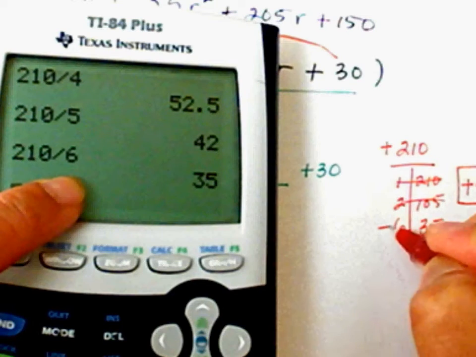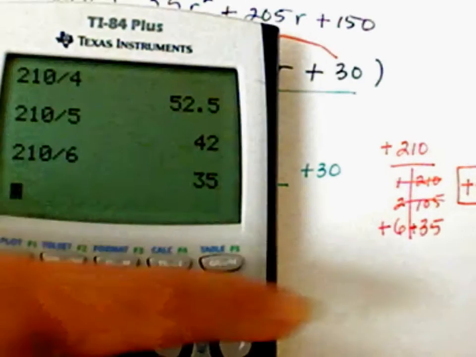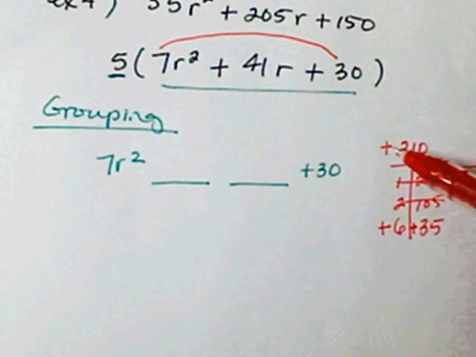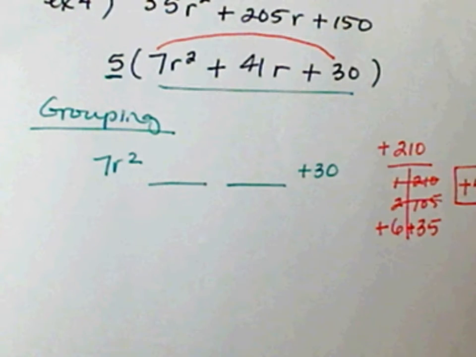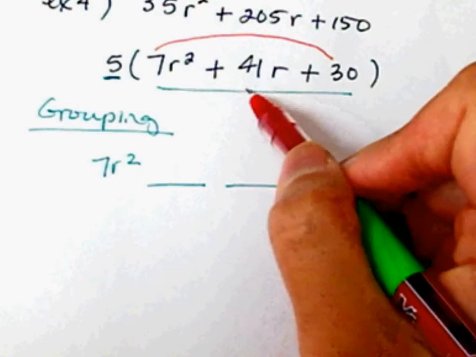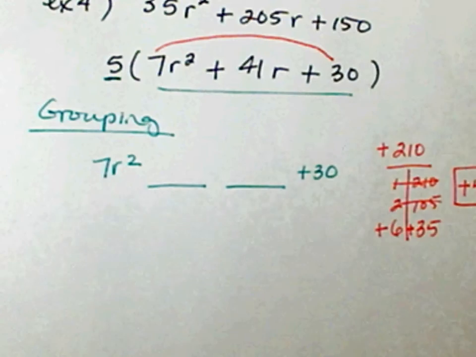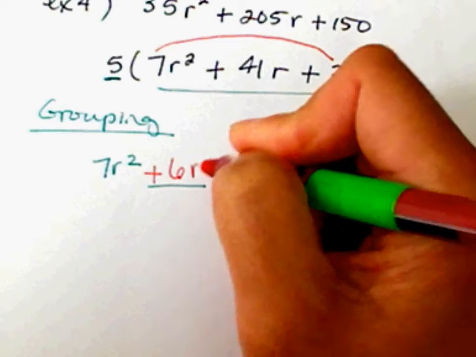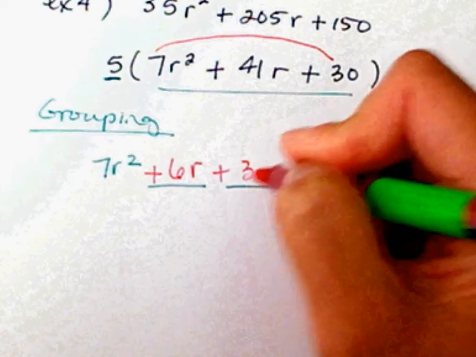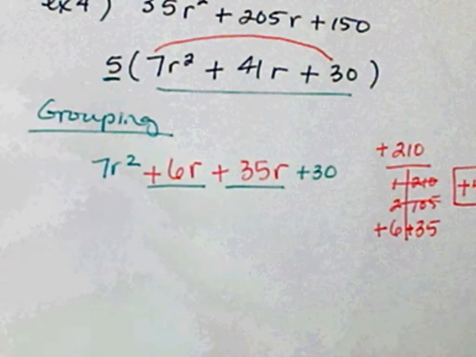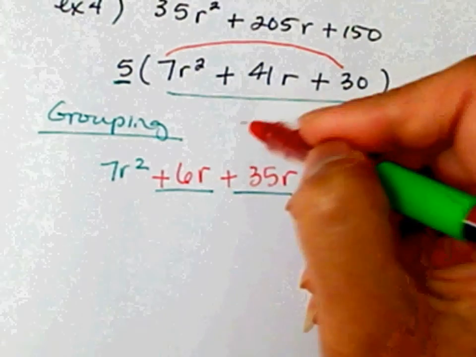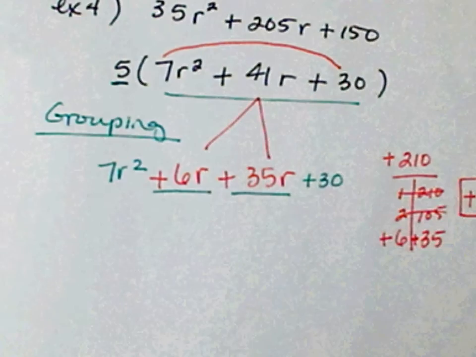They both have to be positive because you are multiplying to a positive 210 and you're adding. All right. So you basically are going to replace 41 with 6 and 35. So you're going to put plus 6r plus 35r. Okay, so you basically replace that middle term with a 6 and a 35.